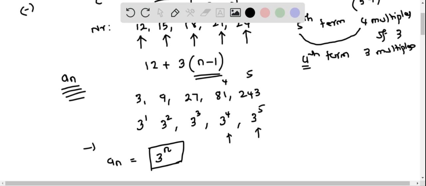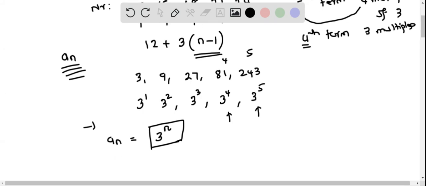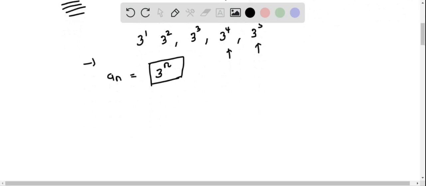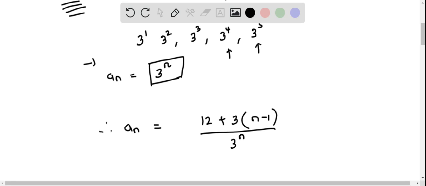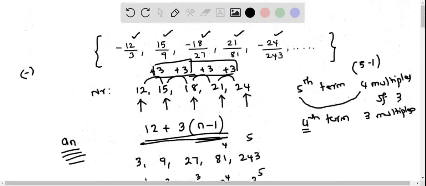And this means we can combine both the numerator sequence expression as well as the denominator formula. So as of now, I'm going to write a_n, and this equals the formula for the numerator, which is 12 plus 3 times n minus 1, and then this has to be divided by 3 raised to the power of n. But observe that if you look at the original sequence, the sign alternates.